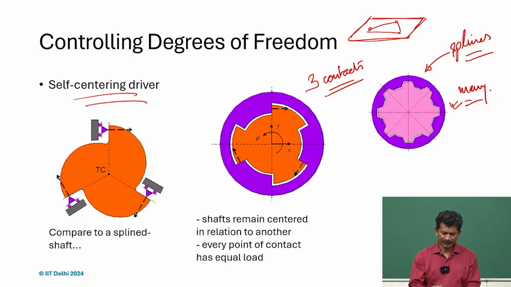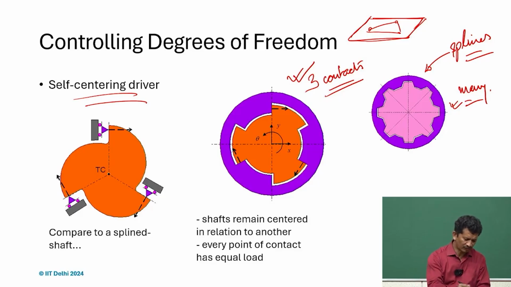What we realize is that if we use the concept of exact constraint design, these 3 contacts can be predefined, and we have to worry about only those 3 contacts. That is why we say that if we follow exact constraint design principles, we can determine the position of the 2 objects precisely.